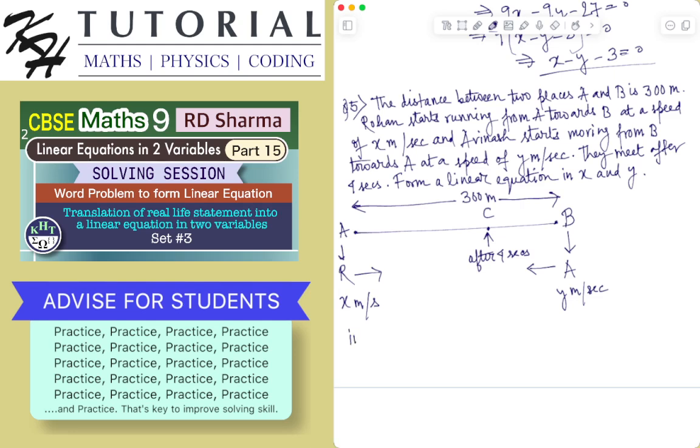So in 4 seconds, the distance covered by Rohan will be equal to the speed of Rohan multiplied by the time, that is 4, which is 4x meter.